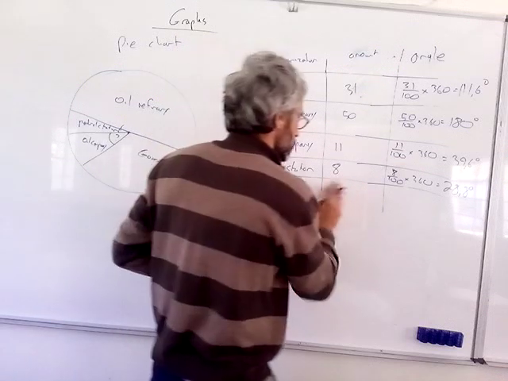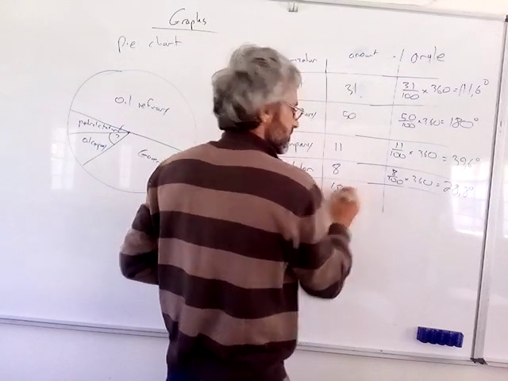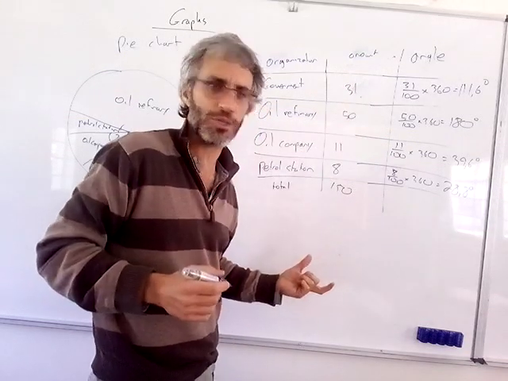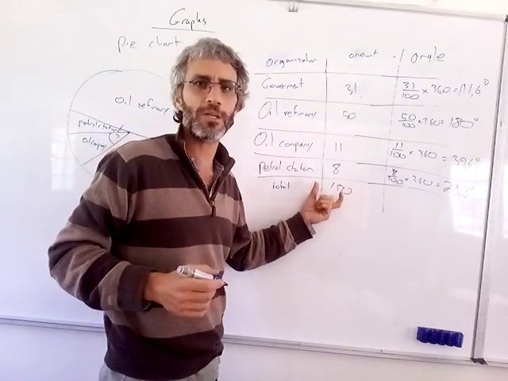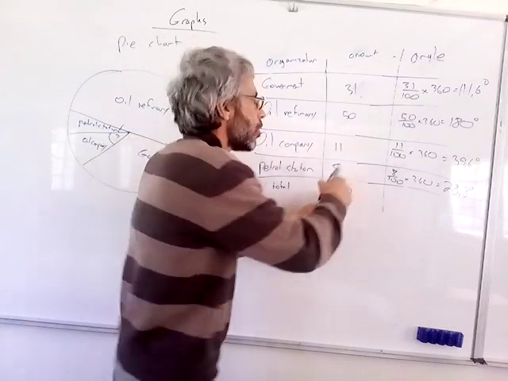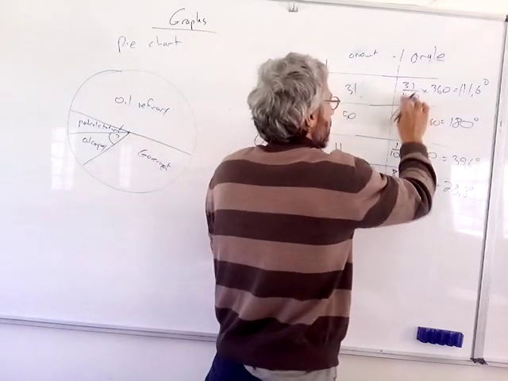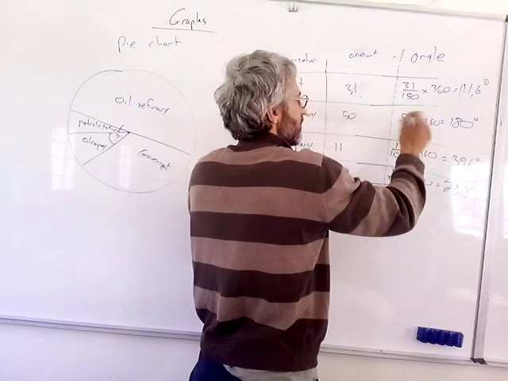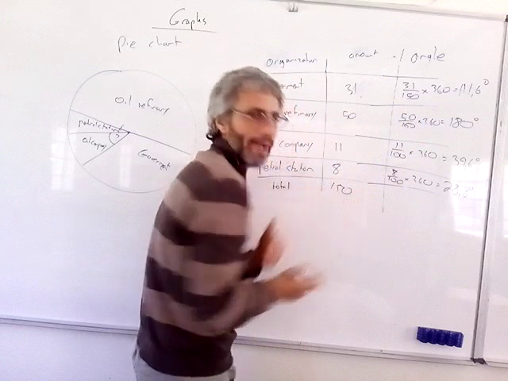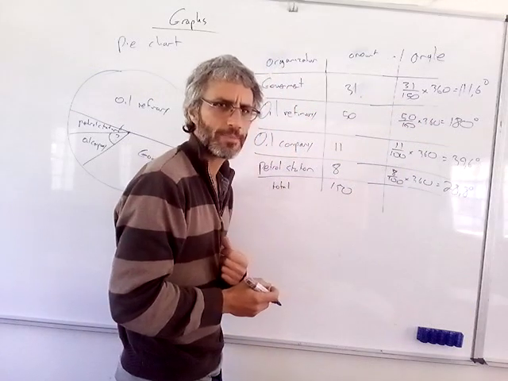Let's say it added up to 150. So I'm just looking at the situation. Obviously here it's not the case. It adds up to 100. But let's say it added up to 150. Then how would that affect things here? Well, all I'm going to do is 31 divided by 150, 50 divided by 150. So at the bottom here, I need to have that total. Does that make sense? Okay.